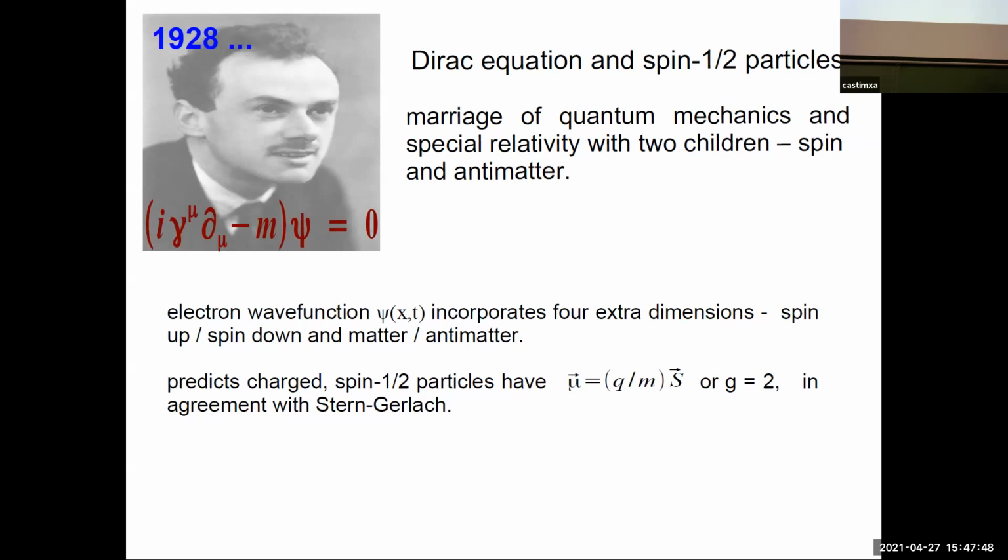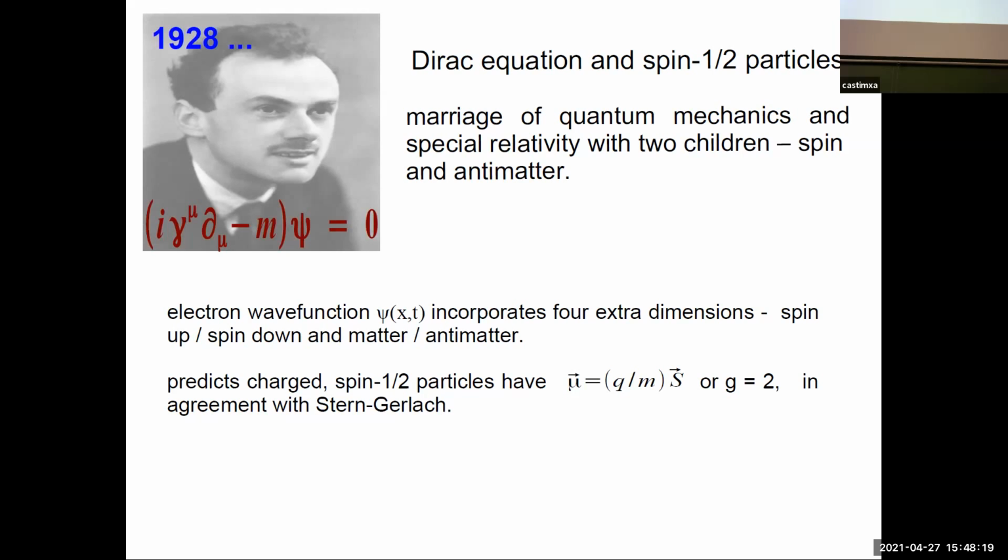And Dirac came, it was like this marriage of quantum mechanics and special relativity. And when he joined together those two things, quantum mechanics and special relativity, in this famous equation over here, he found this amazing result. So in that equation is a wave function. That's the psi.